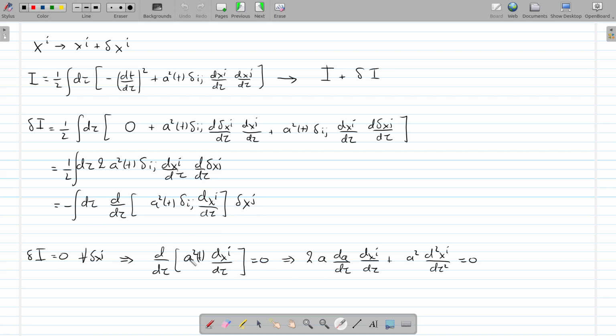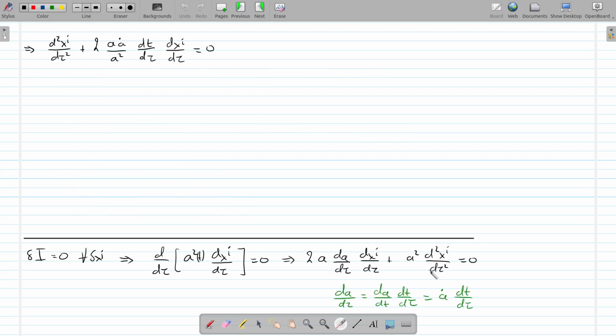And if we compute the action of the derivative on those two factors here, we have those two terms, one acting on a and giving us da/d tau, and the other one giving us the second derivative of x with respect to tau.